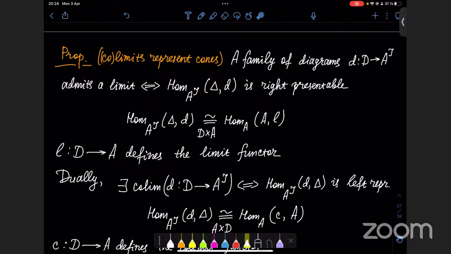Also, limits and colimits represent cones. A family of diagrams D admits a limit if and only if this comma category is right representable.